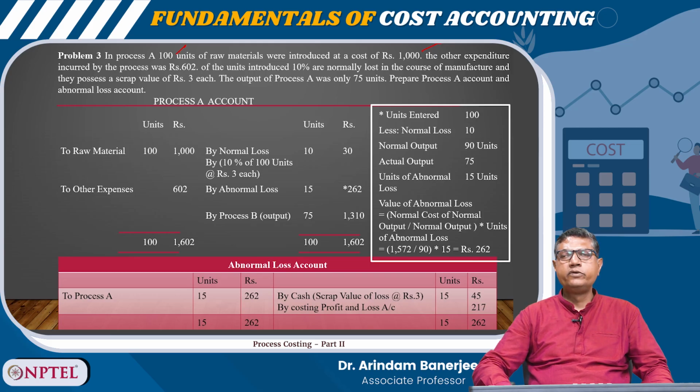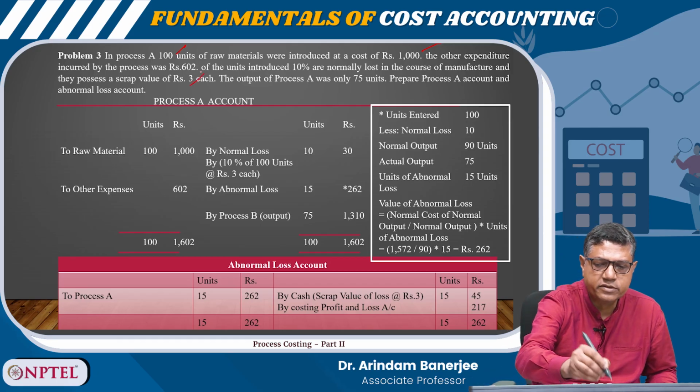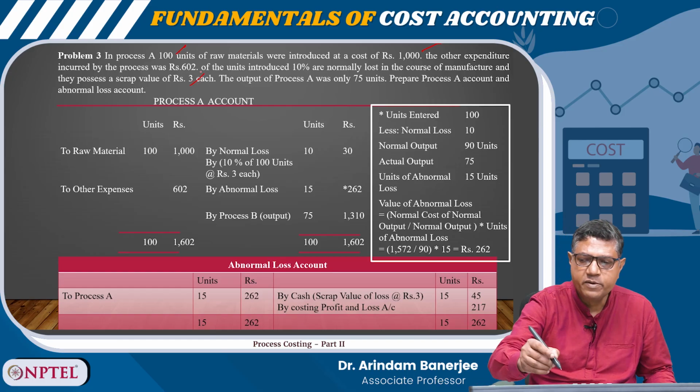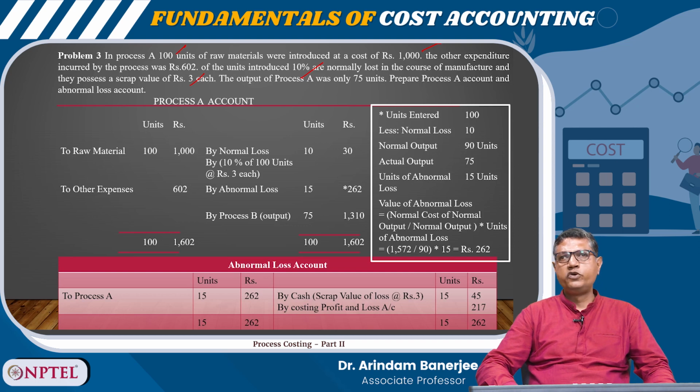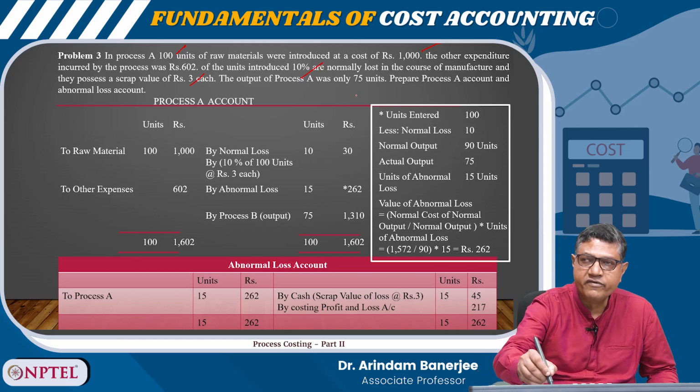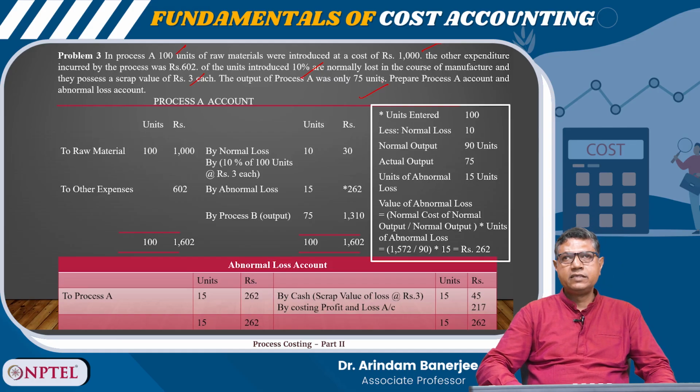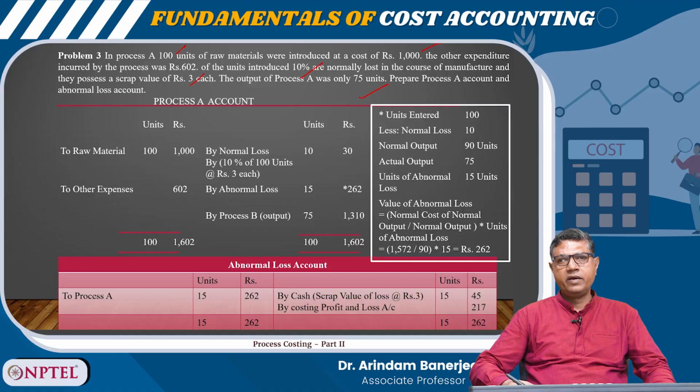Of the units introduced, 10% is normally lost in the course of manufacture, and they possess a scrap value of rupees 3 each. The output of process A was only 75 units. Prepare a process A account and the abnormal loss account.